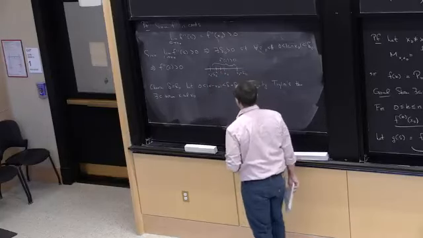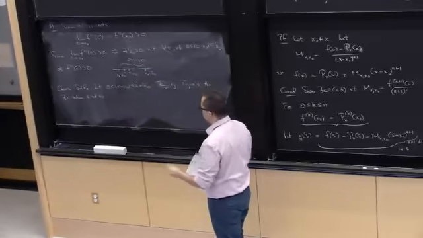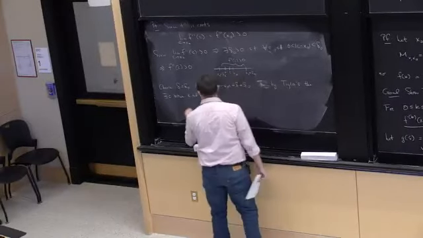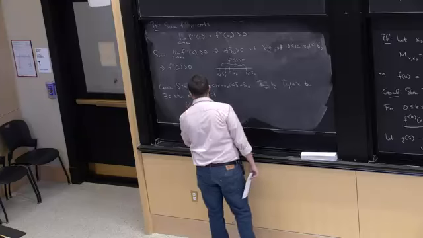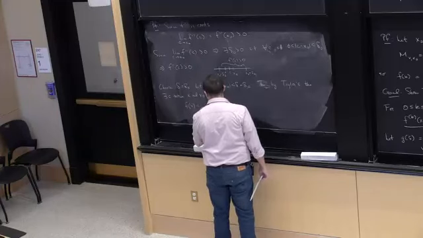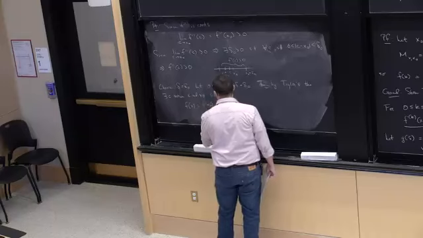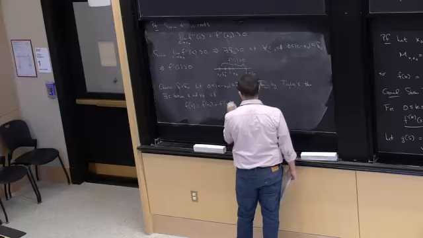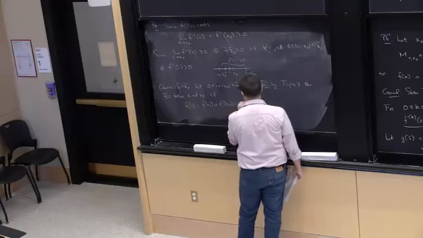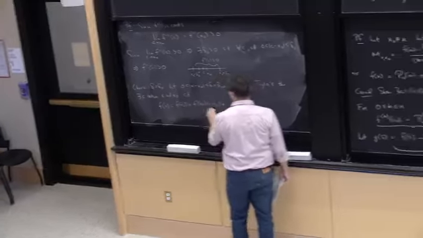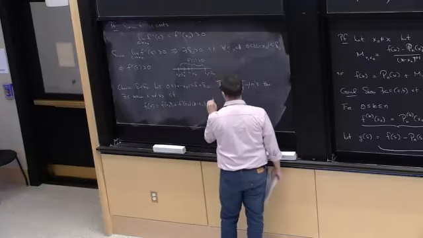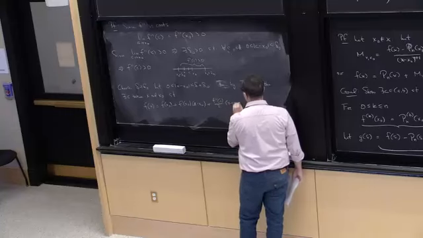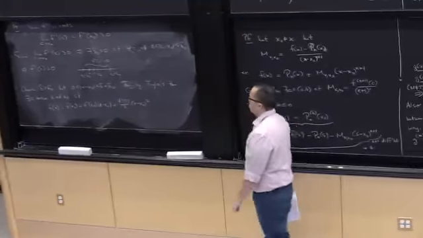There's this point c between x and x0, which I can always choose strictly in between them, such that f of x equals f of x0 plus f prime of x0 times x minus x0, sorry, plus f double prime of c over 2 times x minus x0 squared. Okay.